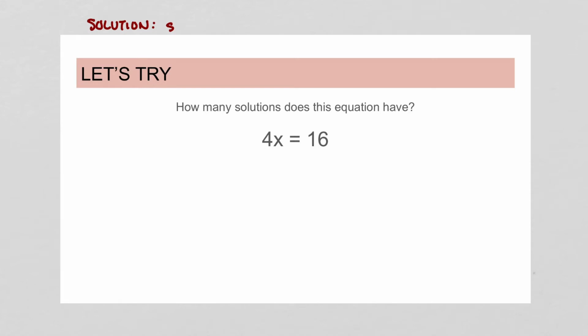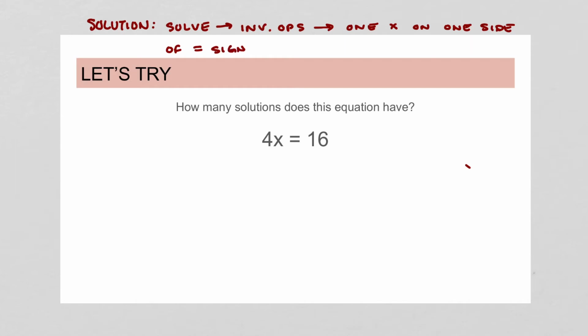So first we're going to solve. And when we solve, we're going to use inverse operations, right? To try and get one copy of x on one side of the equal sign.